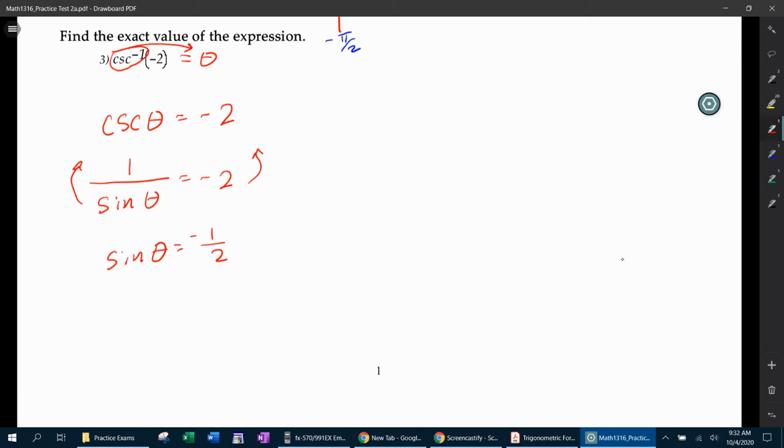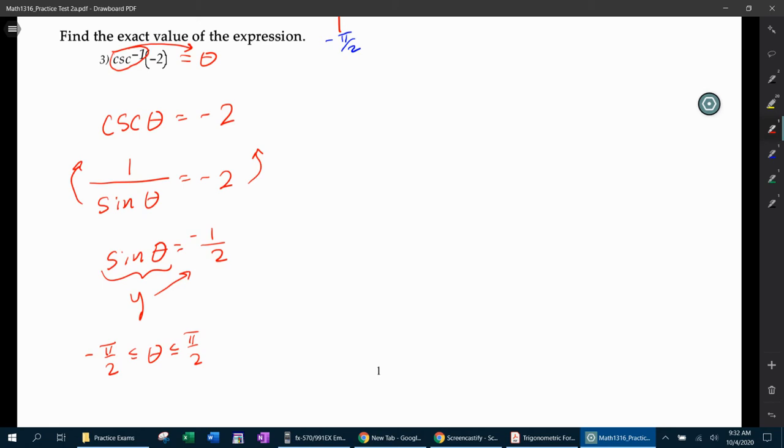And now I'm looking in the unit circle for an angle that has a y-coordinate of negative 1/2. Again, it has to be within the correct range of values, negative pi over 2 to pi over 2.